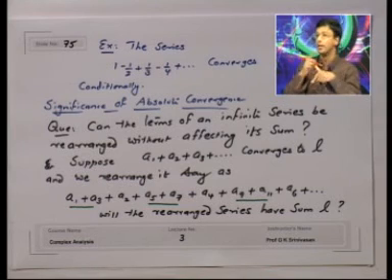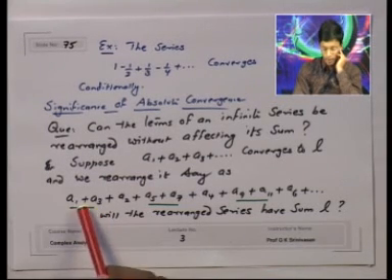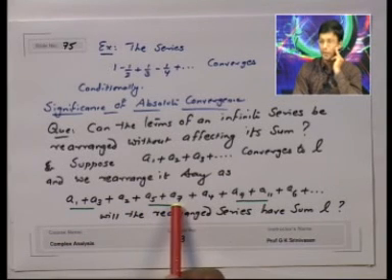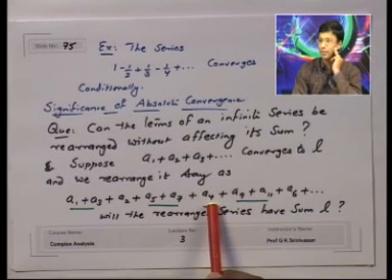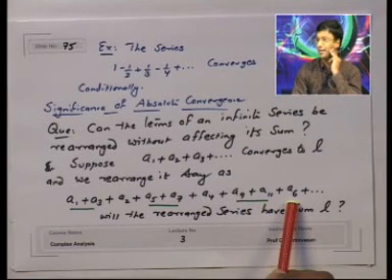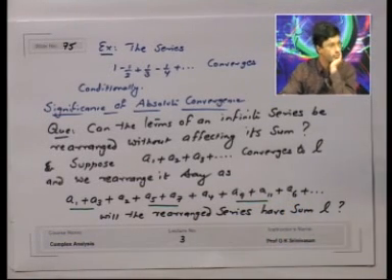Now, I rearrange the terms. I write a1 plus a3 and then push the a2 here, and then take the next two odd terms and then write the next even term a4, then write the next two odd terms and then write the even term next, etc. This is an example of a rearrangement.